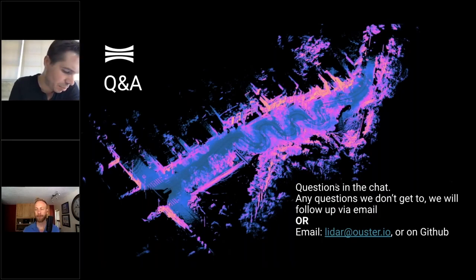Next up, the PCAP file captured from a live lidar stream has many points that are zero values, like an XYZ, like a range value of 0. What does that mean? Yeah, it can mean a couple of different things. Depending on your sensor generation, if you have a generation 1 sensor with less than 64 channels, then on older firmware you'll get 0 data for the channels that are not activated.